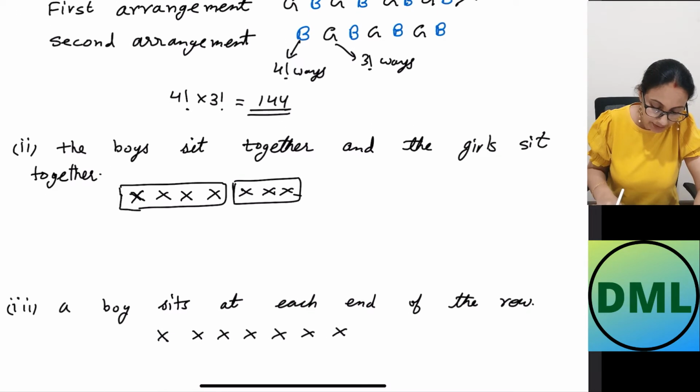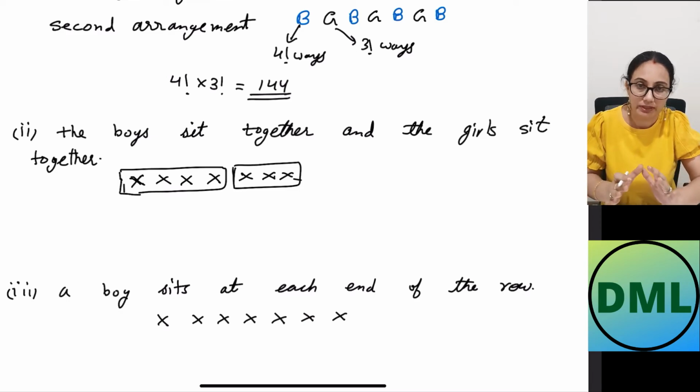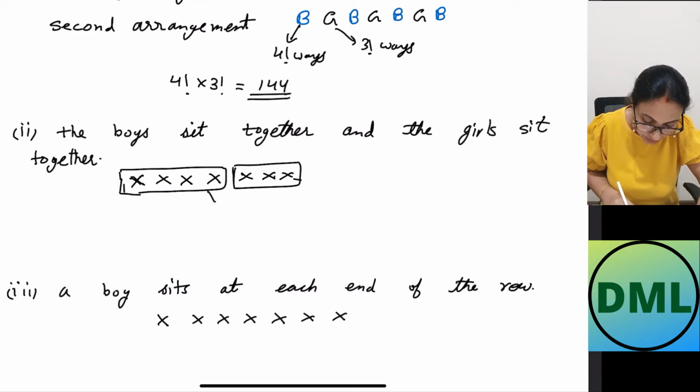Now he says that the boys sit together and the girls sit together. That means 4 boys I will keep in a box and 3 girls I keep in a box. Now there are 2 boxes available with me, which can be arranged in factorial 2 ways.